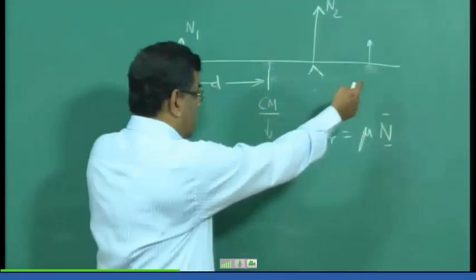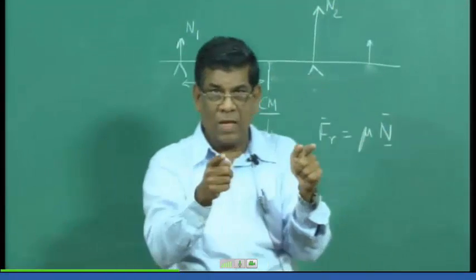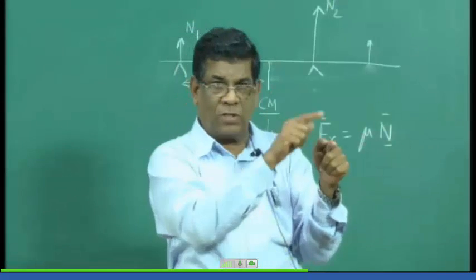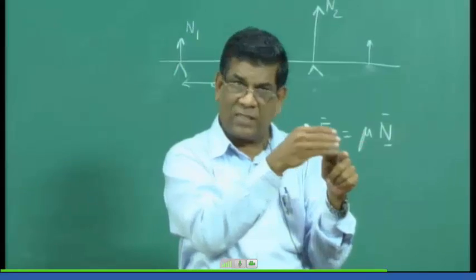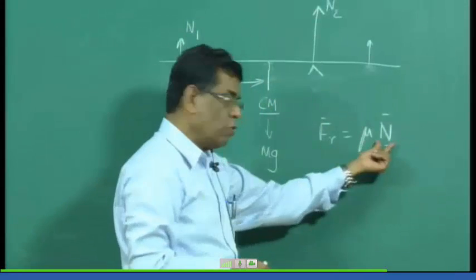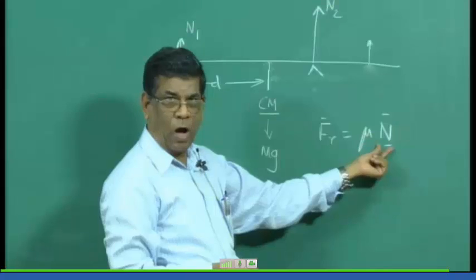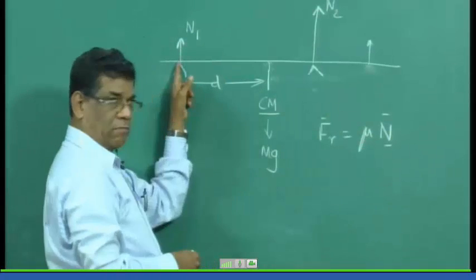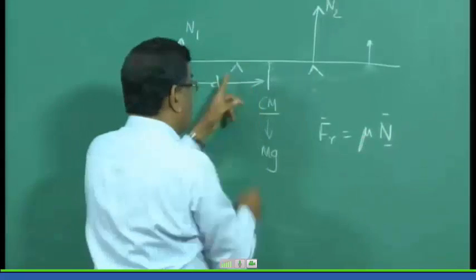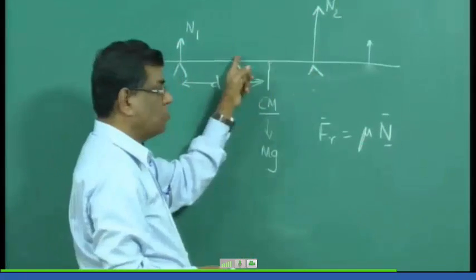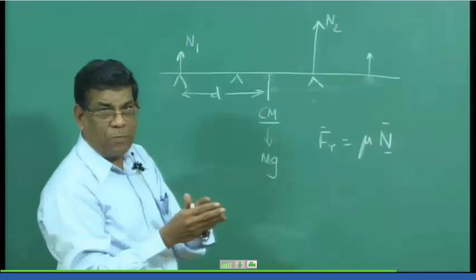Now if I start moving deliberately, where the reaction force is less, there it will slip easily because the frictional force is less there. Frictional force is mu into n, and because n is small, it will start slipping here. But when I come very close to this, you will find this and this will be almost equal. One could be slightly greater.